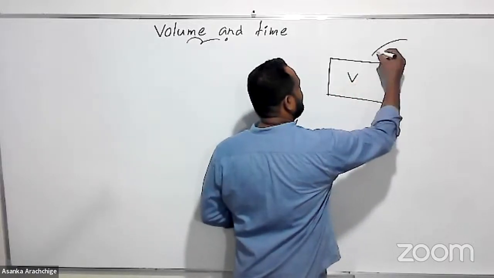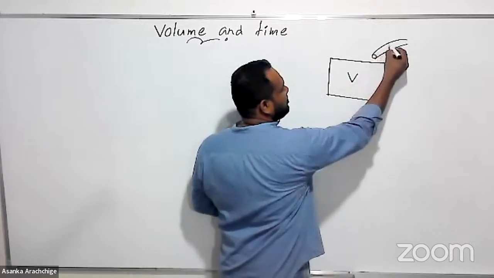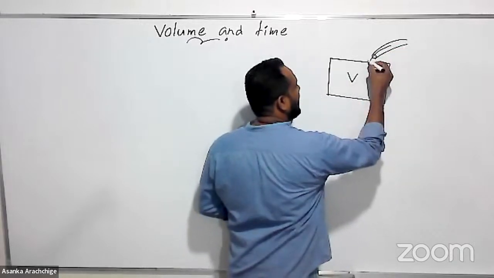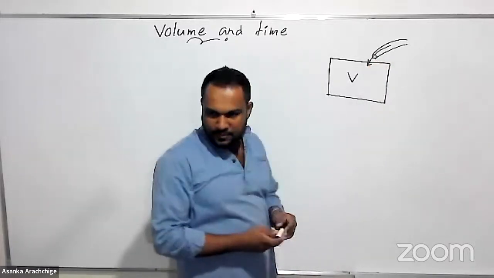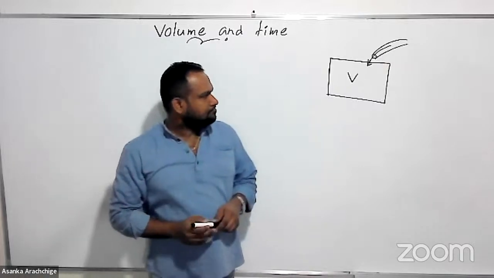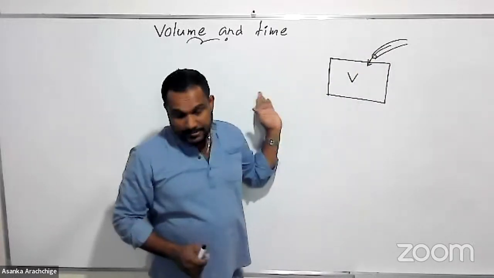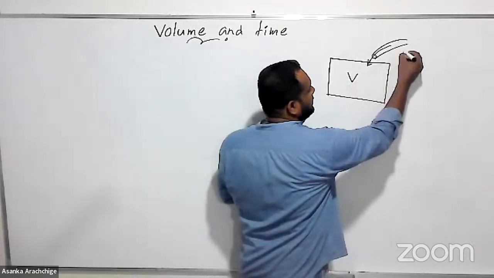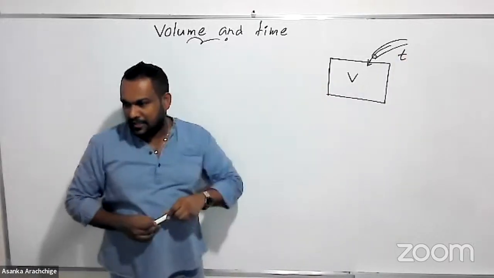Now think, we are going to fill this tank by using a pipe, a pump. Now think, this pipe or this pump takes t units of time to fill this tank completely.